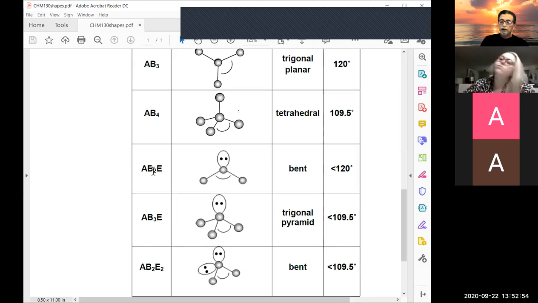Now on the central atom, this will become clear as we do an example. There could be a lone pair of electrons denoted by that little diagram in the next column over. You see those 2 little dots? Those represent 2 electrons on the central atom.